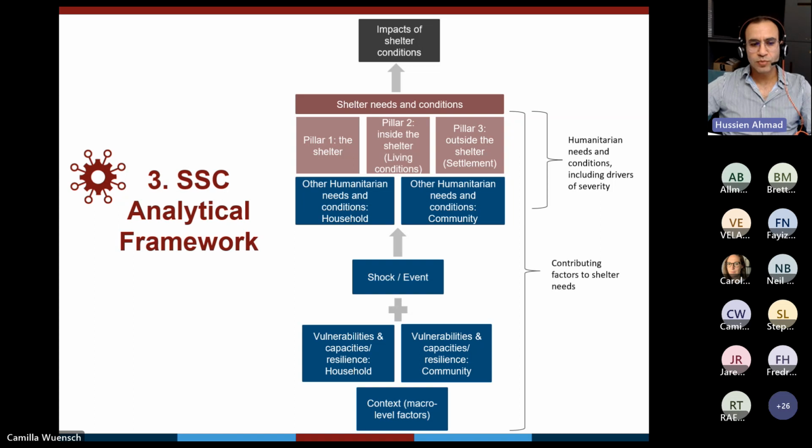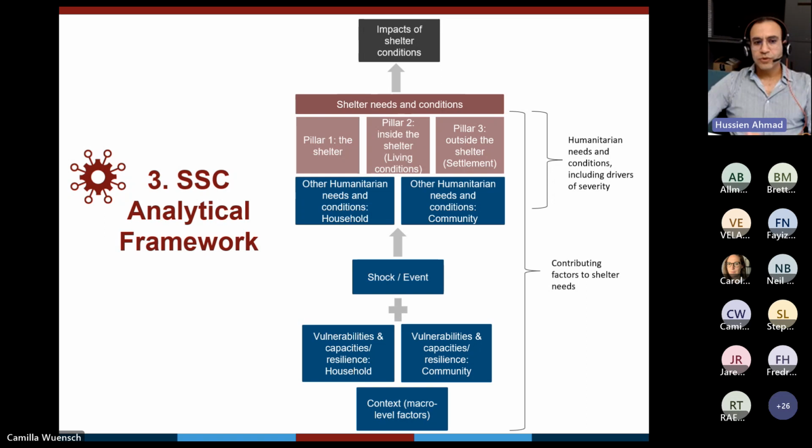With the blue part, we really focus on the root causes, the shocks, the events, the current situation, the context itself, and more or less this part is common in many of the analytical frameworks in the humanitarian context, starting with JIAF, in IPC, in the WASH cluster severity classification, and so on. So we try to keep it in the same line in that regard.